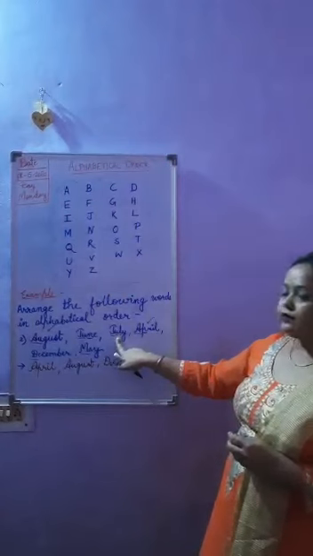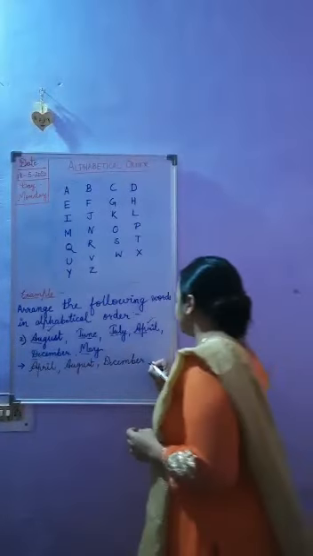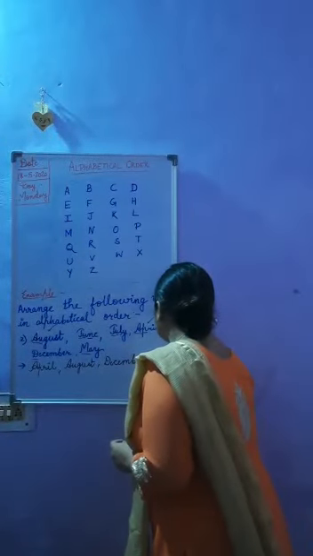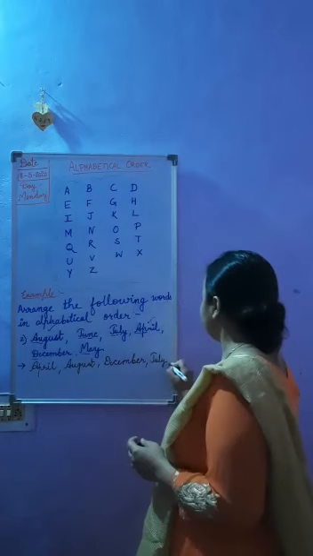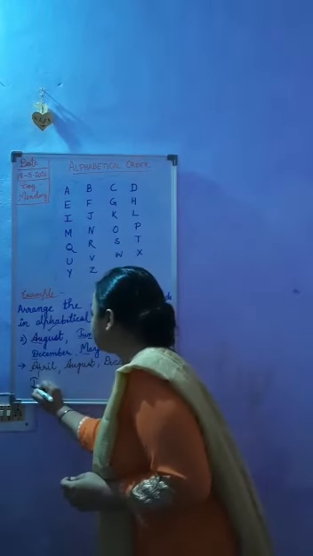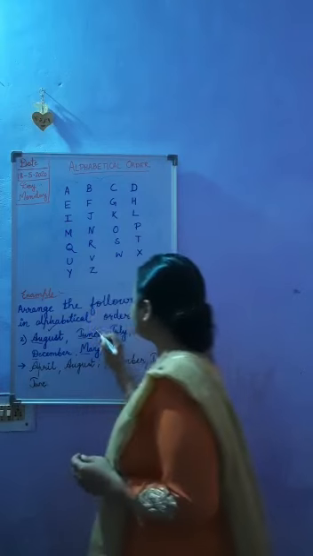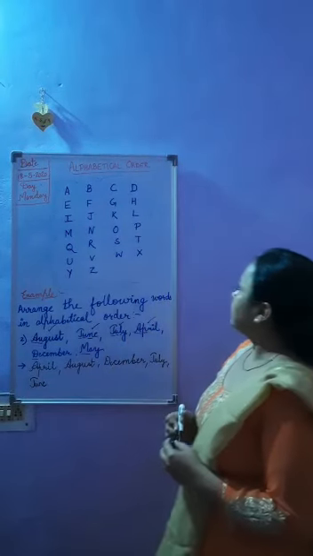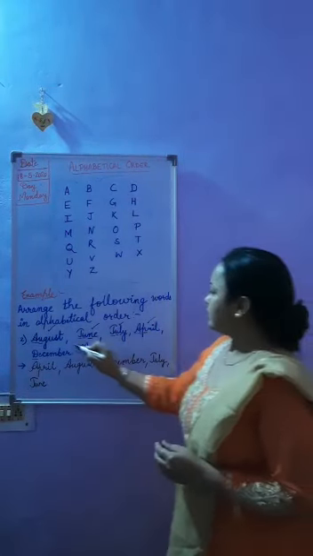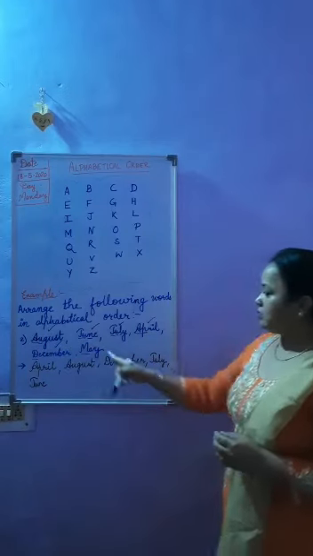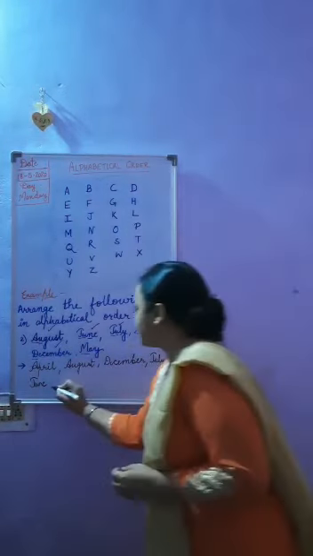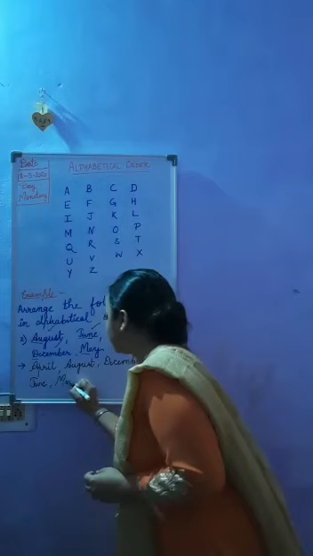So that means we will write July after December. And then we will write June. So June and July. Now next, which word is left? We have done December also. Last is May. So we will write May.